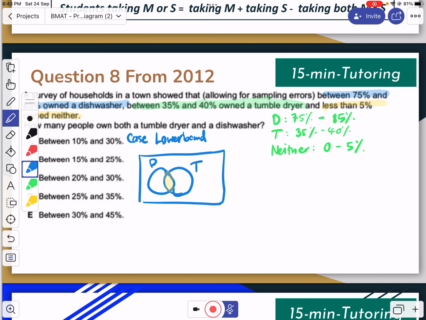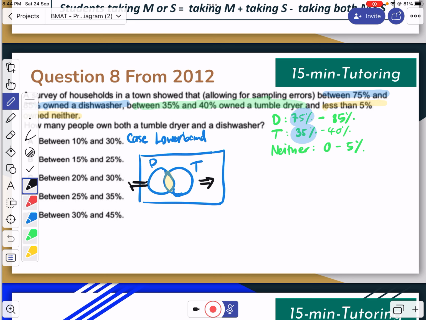In this case, we'll go with 75% for the D. With the same logic, we go with 35% for the tumble dryer. And finally, let's look at neither. Number of people who own neither appliance. Well, if we want to minimize the overlapping area, we'll try to make the two circles as separated as possible.